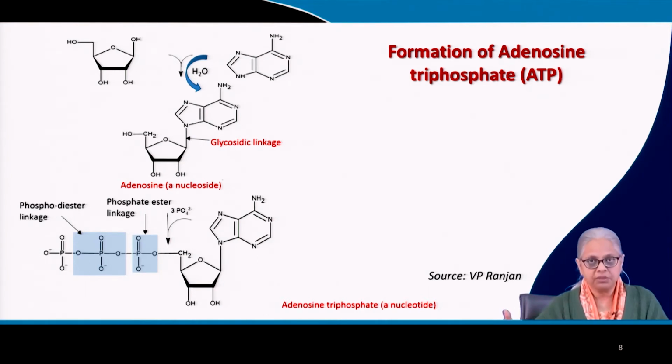So when you have 3 phosphates, that is adenosine triphosphate, it's a high energy chemical molecule, and adenosine diphosphate is also a high energy compound or molecule or whatever you want to call it, and AMP, adenosine monophosphate, is a low energy containing compound.